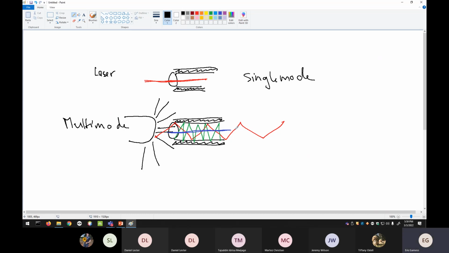Then I will see more and more modes arrive, so the intensity of the light will increase. So what I want to tell you, this is a cheaper technology. Since it's a cheaper technology, it will allow me a bandwidth that is much lower than if I use a single mode fiber optic. The single mode fiber optic will be much more expensive.